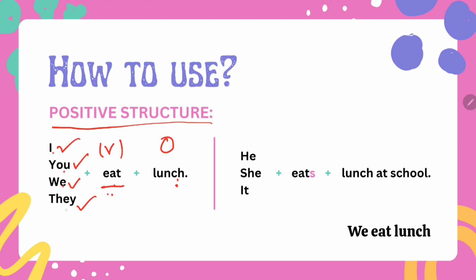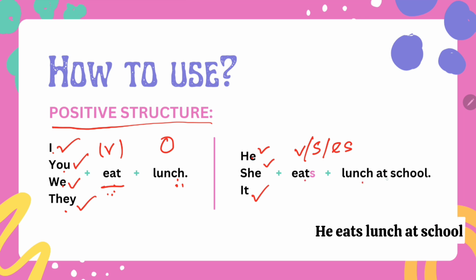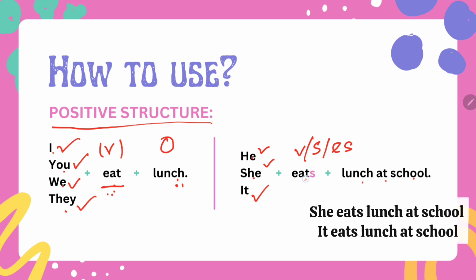We eat lunch. They eat lunch. But when we use he, she, it, we use verb plus s or es. He eats lunch at school. She eats lunch at school. It eats lunch at school.